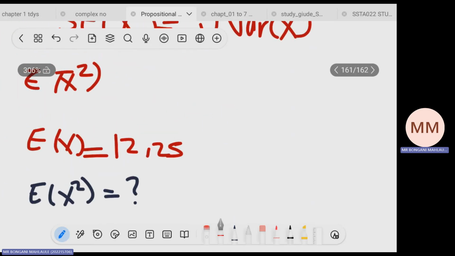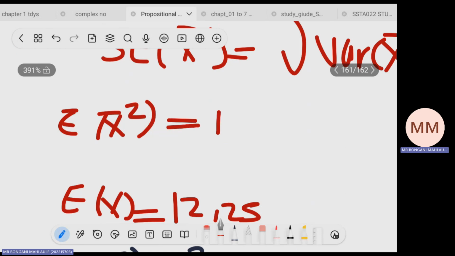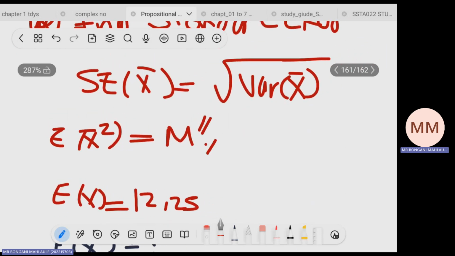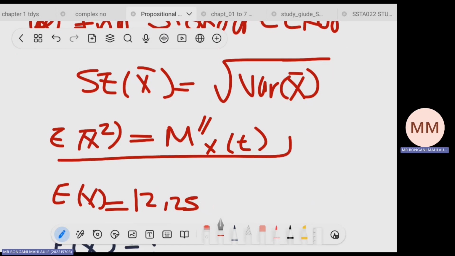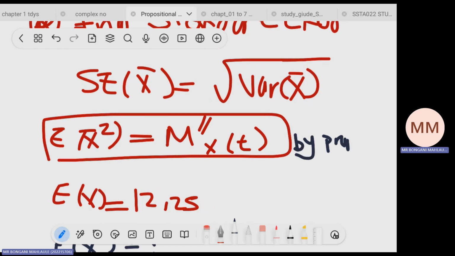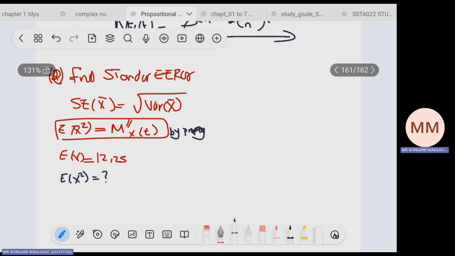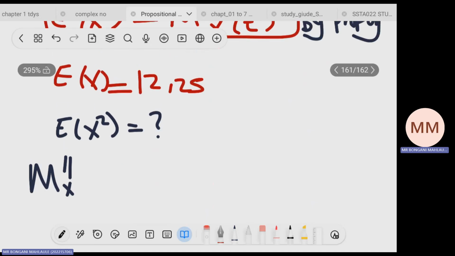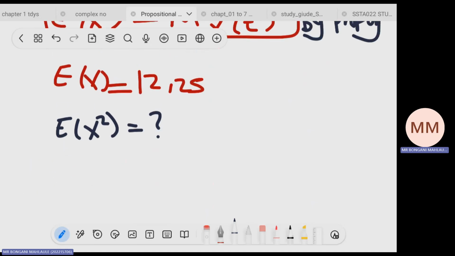So you're going to find the second derivative of the MGF, which is equal to this by property. Firstly, we must know what the first derivative is, obviously.